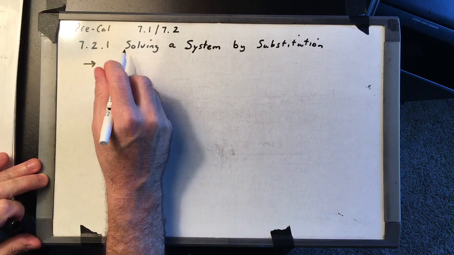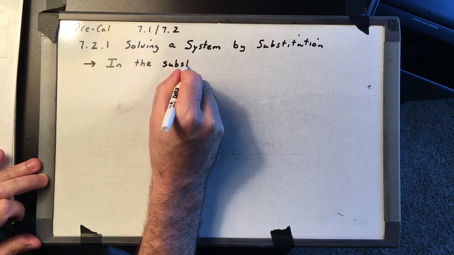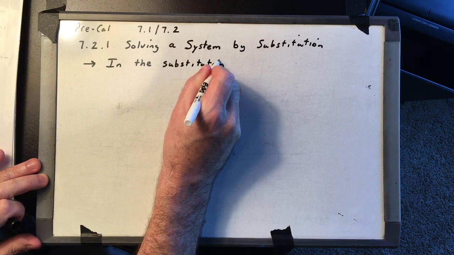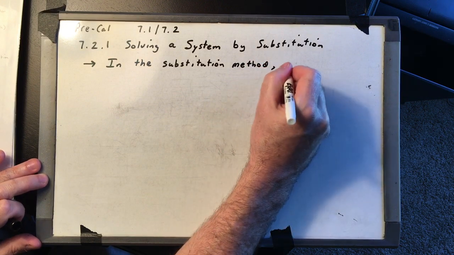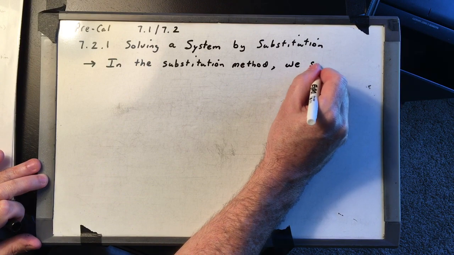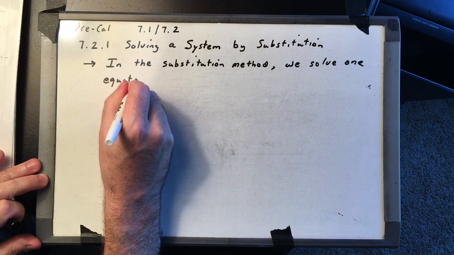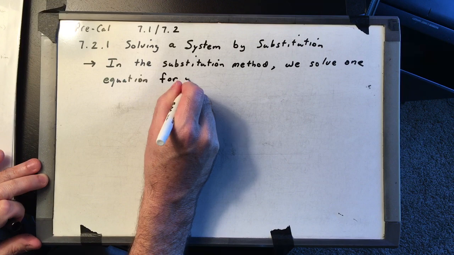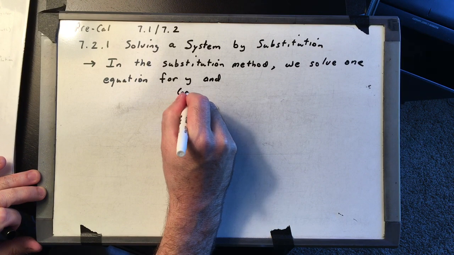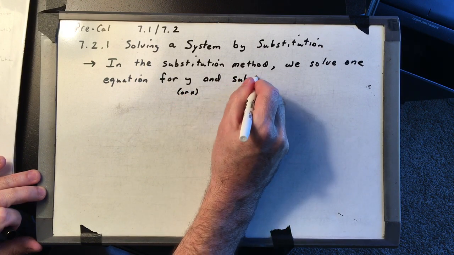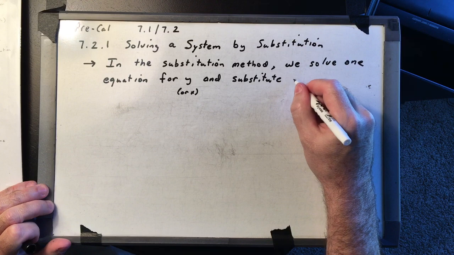A little definition here: in the substitution method, we solve one equation for y, or it could be x, either way, and substitute that expression into the other equation.